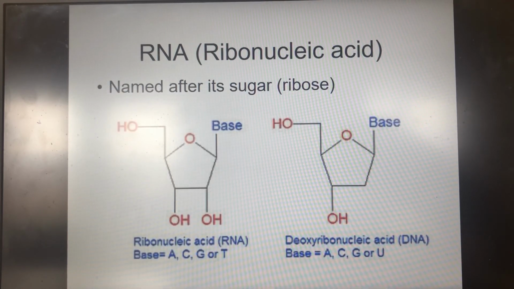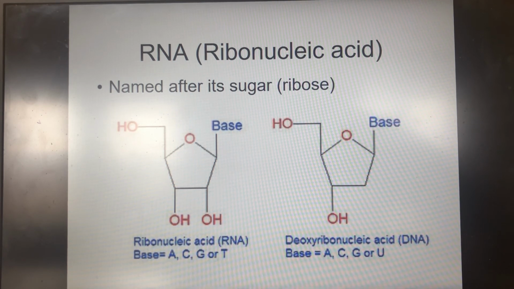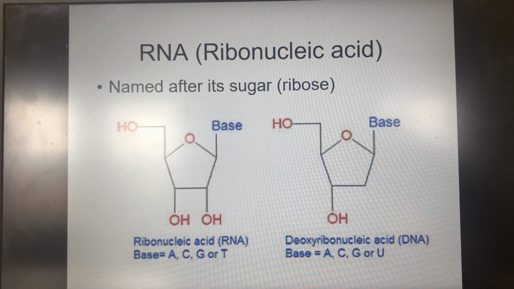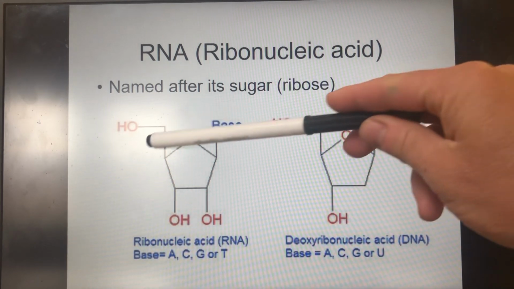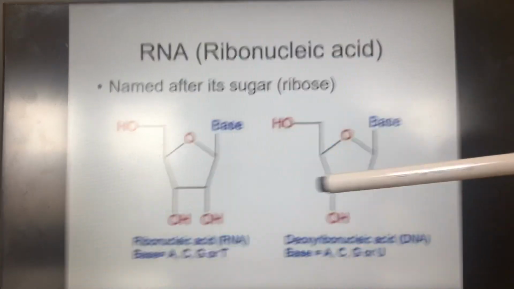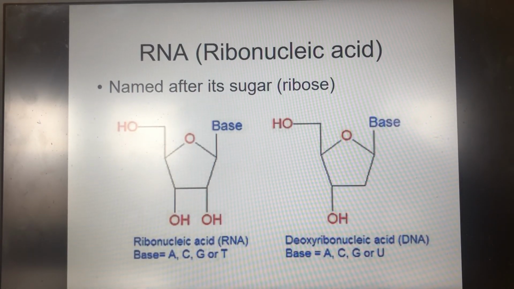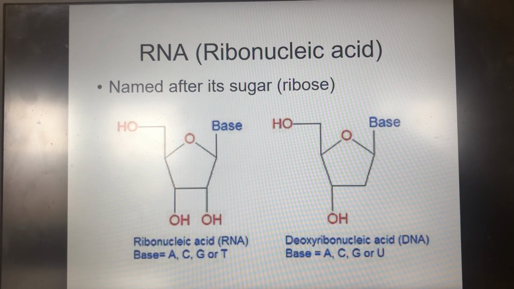Okay, so the other nucleic acid we're going to deal with is called RNA, ribonucleic acid. And it again is named after its 5-carbon sugar right here, ribose. It is built just the same as DNA. We're going to talk about their differences next class, but let's just look at DNA first.